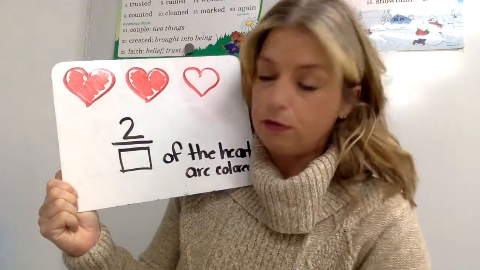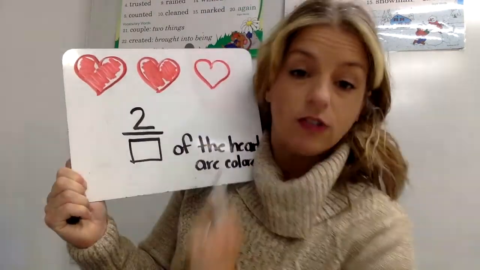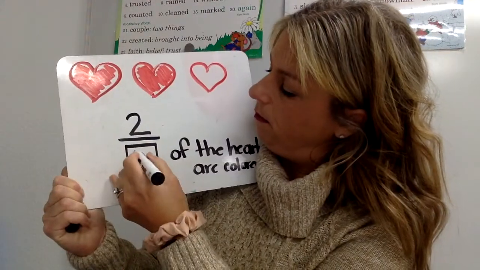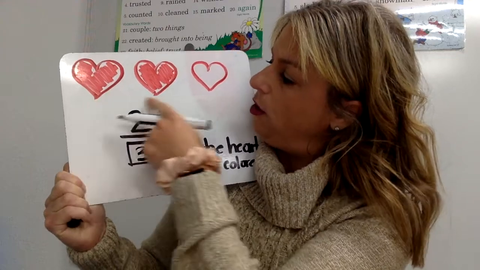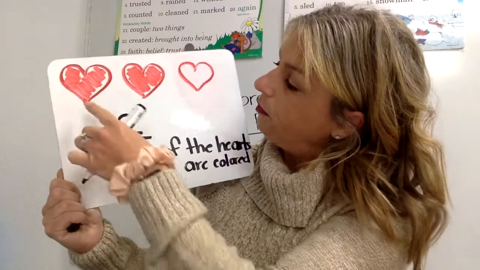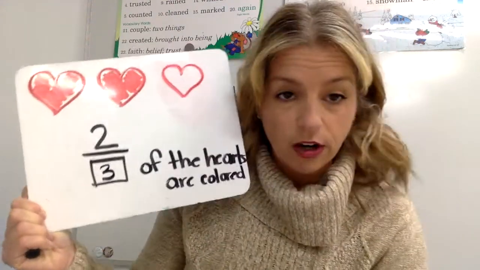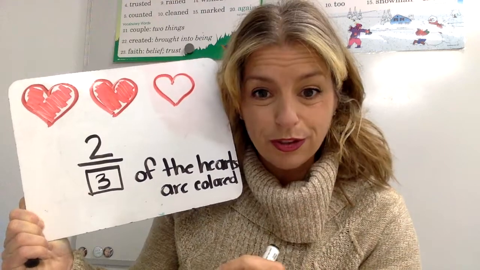We have 3 parts. So, the parts goes on the bottom of the fraction. And look, how many of those hearts are colored? 1, 2. 2/3 of the hearts are colored.